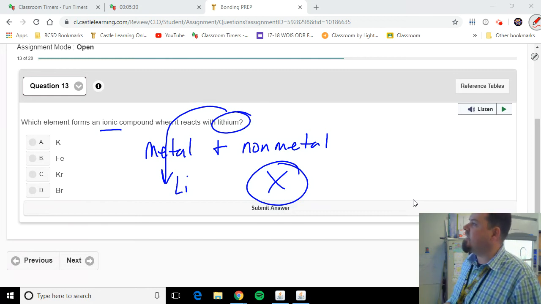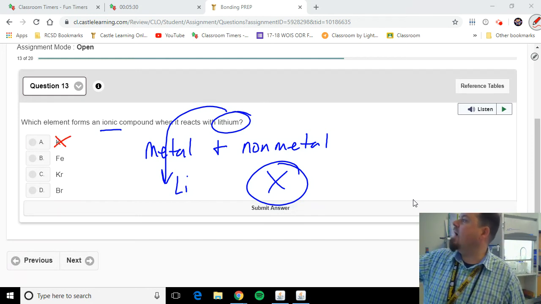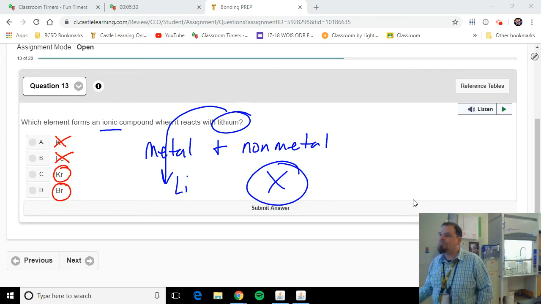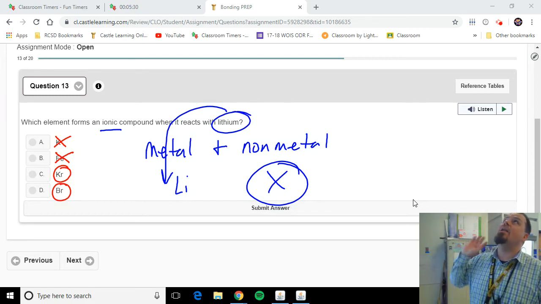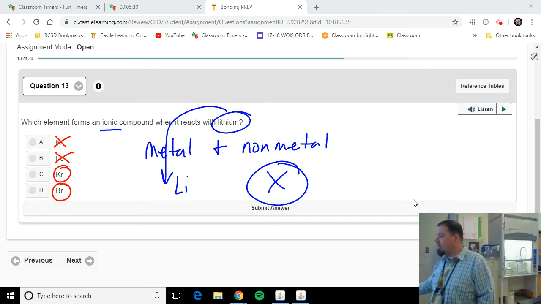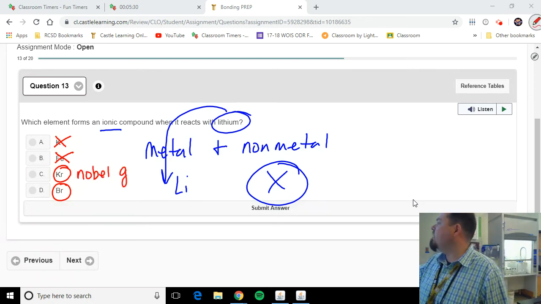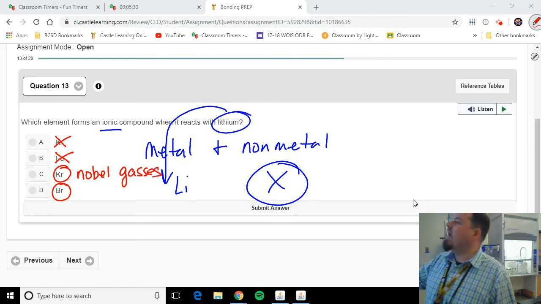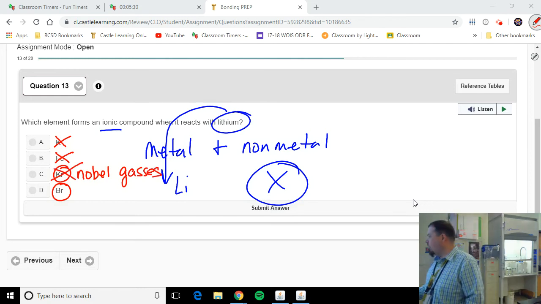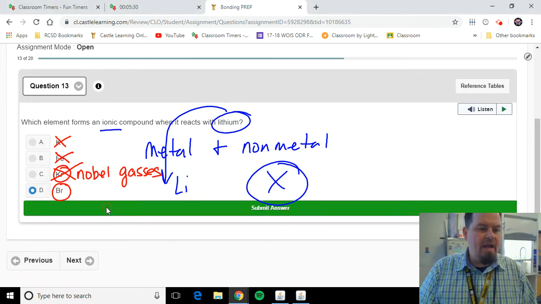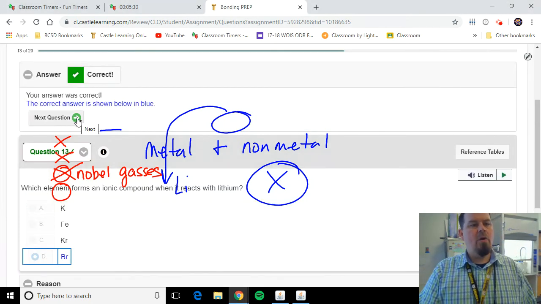That's really what they're testing. And so K is a metal, Fe is a metal. I have two non-metals, and here's where life gets tricky. I have Br and Kr, and when I look up, Kr is a noble gas. And we know from last unit, noble gases do not react. So it would form with Br. LiBr is what would form an ionic compound.